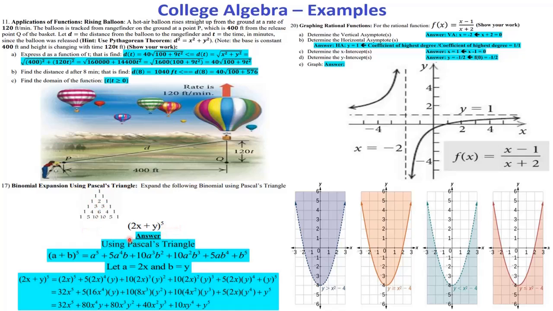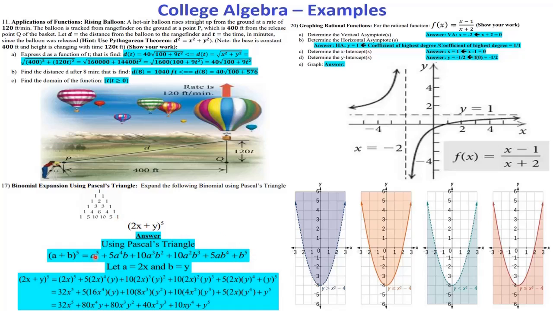So for example, to expand 2x plus y to the 5 using Pascal's triangle, first it is a plus b to the 5, that means a to the 5 with coefficient 1, plus 5 a to the 4 b to the 1, plus 10 a to the third b squared, plus 10 a squared b to the third, plus 5 a b to the 4, plus b to the 5.